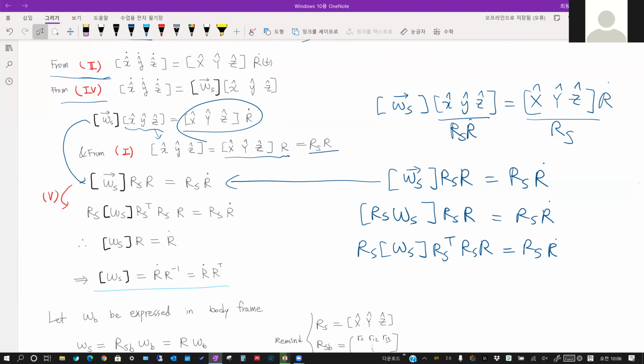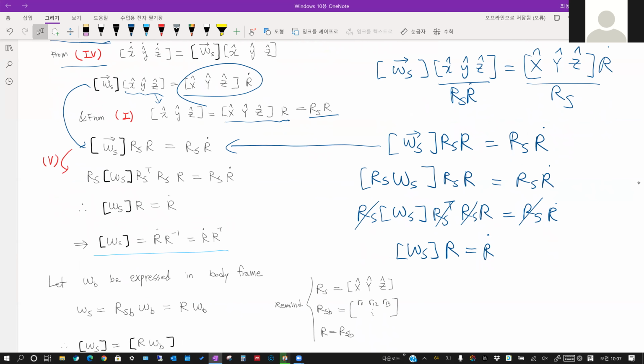We can divide using this one and this one. So resultantly, R omega_s bracket R equals R dot. Therefore, we can think this equation, and this one goes this way and equals R dot R transpose.